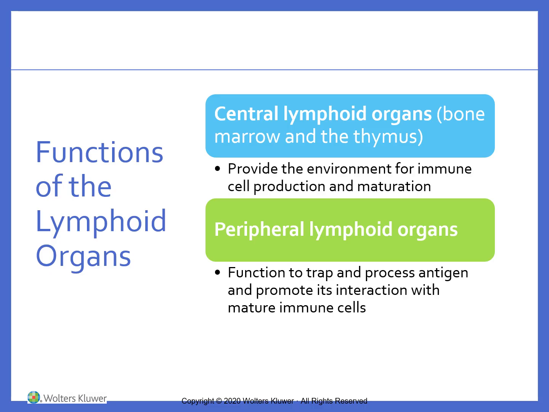And then we also have the peripheral lymphoid organs, and their function is really to trap and process antigens and promote the interaction of those antigens with those mature immune cells. So the peripheral lymphoid organs are things like the lymph nodes, spleen, tonsils, and appendix. And again, they serve as sites to enhance that interaction between antigens and the immune cells.